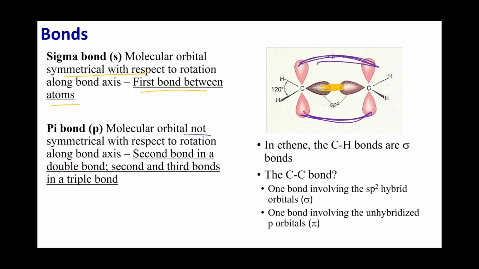This is not symmetrical with the bonding axis. And what that means is I cannot rotate around it, because if I try to rotate around it, I'm going to snap this interaction in purple. And that's why we care about the classification of a bond and how we break down a double bond.